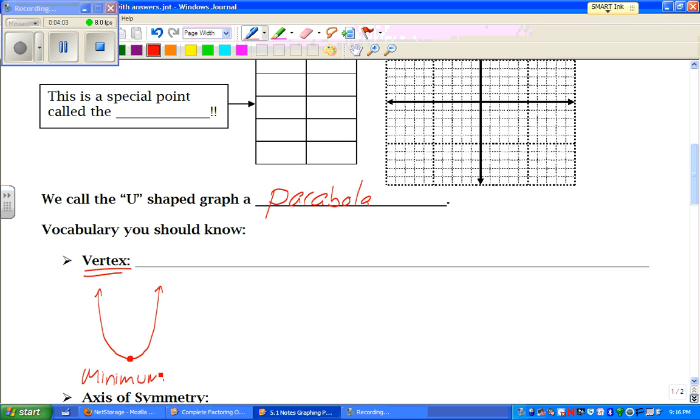If the parabola opens upside down, the vertex would be at the very top. Because that's the highest point of the graph, we're going to call that a maximum. So the definition of a vertex is the max or min of a quadratic function.